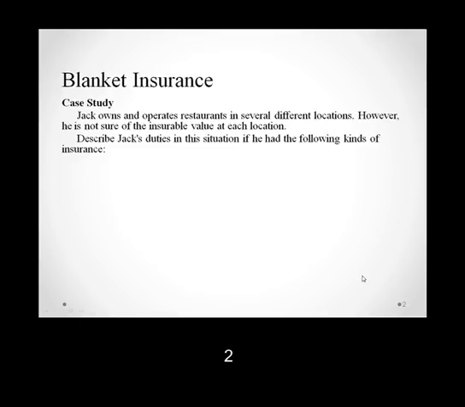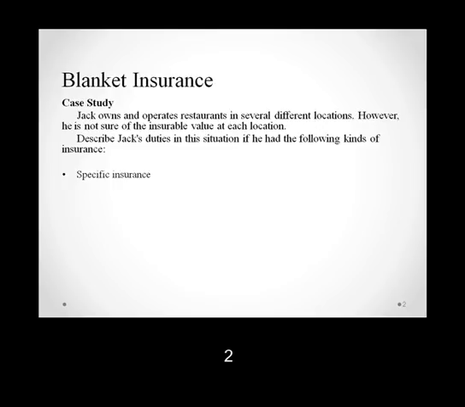So first, Jack owns and operates restaurants in several different locations. However, he's not sure of the insurable value at each location. Describe his duties in this situation if he has the following kinds of insurance. First, if he has specific insurance, what is he going to do?